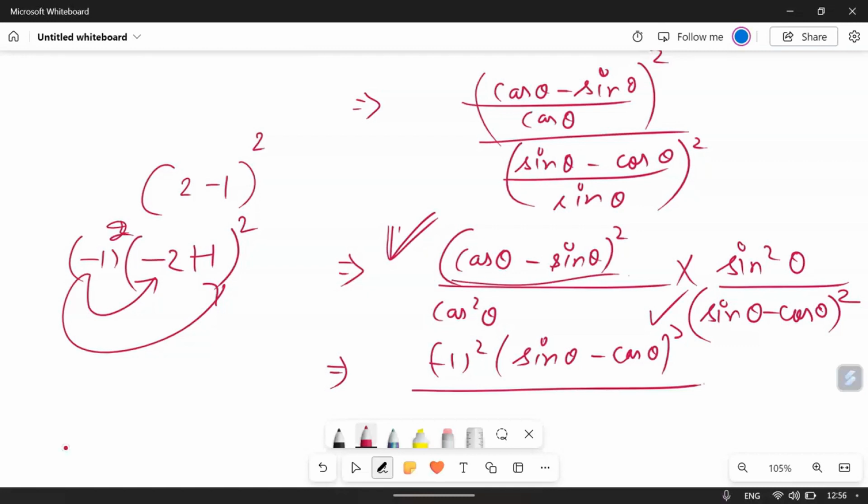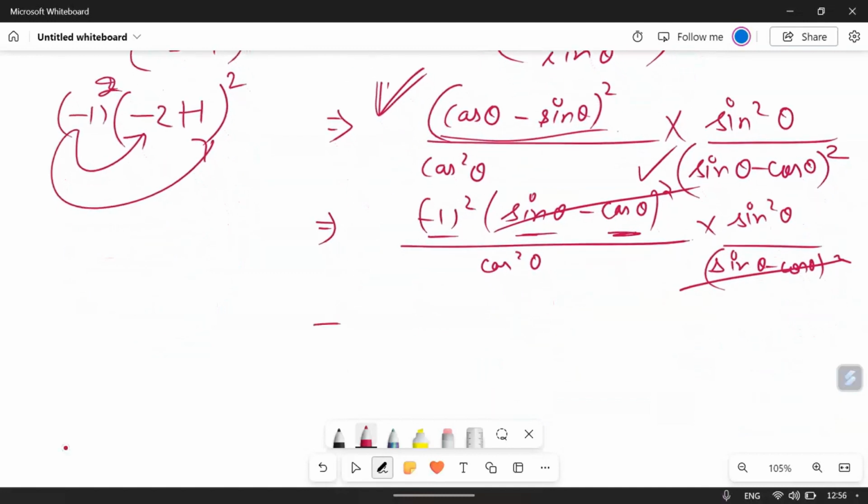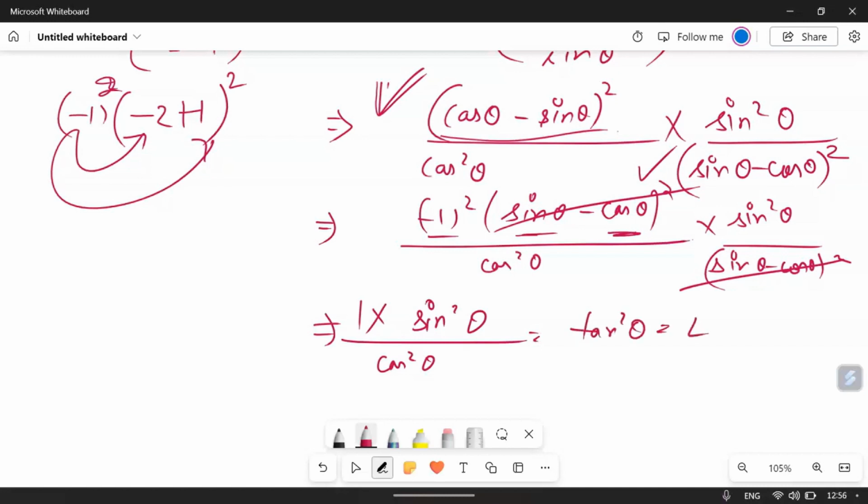I have taken out the minus 1 common, so it will become sin theta minus cos theta, and the square will remain the same, and minus 1 square is again 1, so it will cut out. The answer will be sin square theta by cos square theta, that will be tan square theta, which is equal to the LHS.